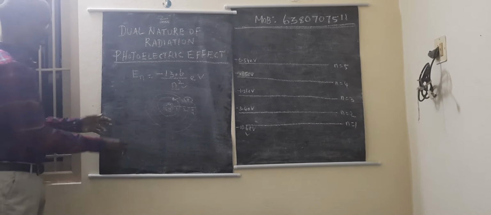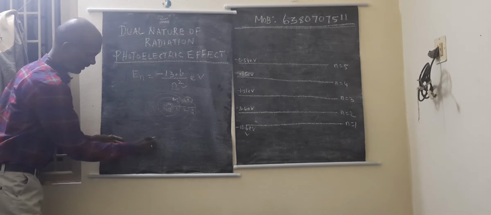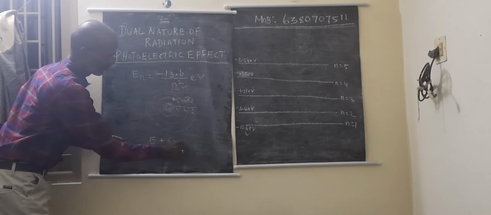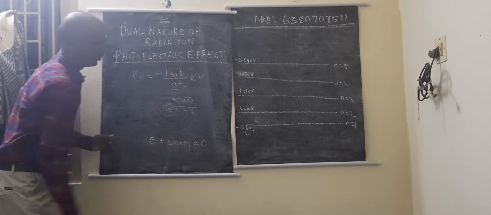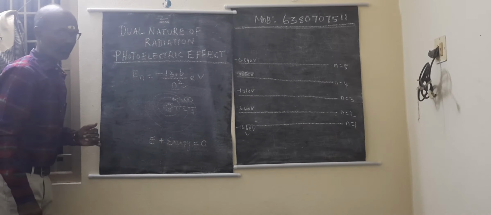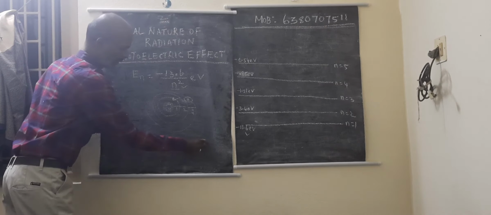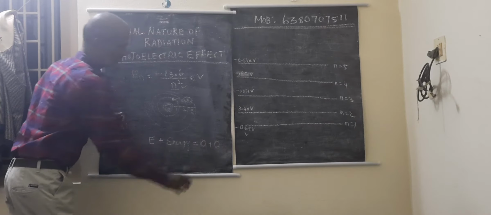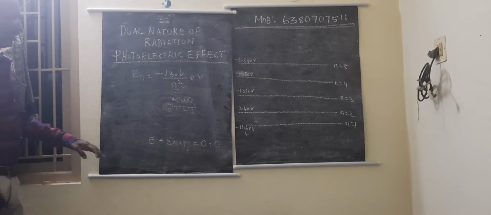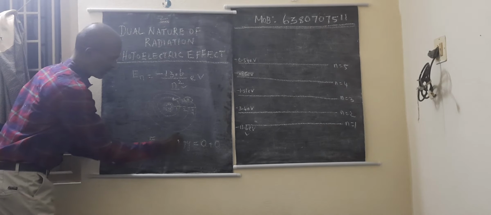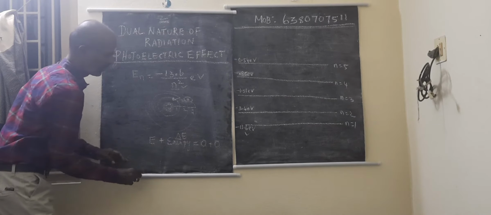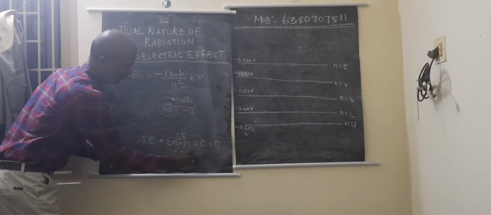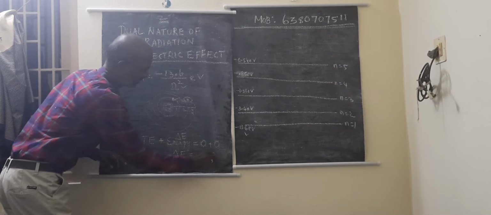So I will write an equation here. Energy of the electron plus energy supplied is equal to 0. The meaning is that the kinetic energy and the potential energy are 0. I will explain this. So what is the energy to be supplied? Suppose delta E is the energy to be supplied, that delta E will be equal to minus of total energy.